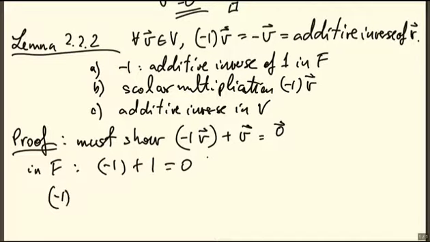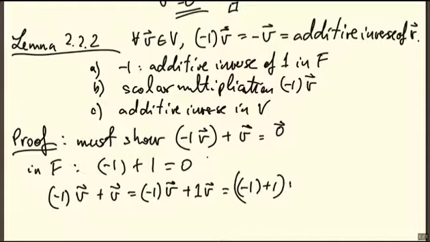So when we write minus 1V plus V, we already know from the basic property that V is the same as 1 times V. And then we use the distributive property of scalar multiplication backward now, that we factor out V from this sum.